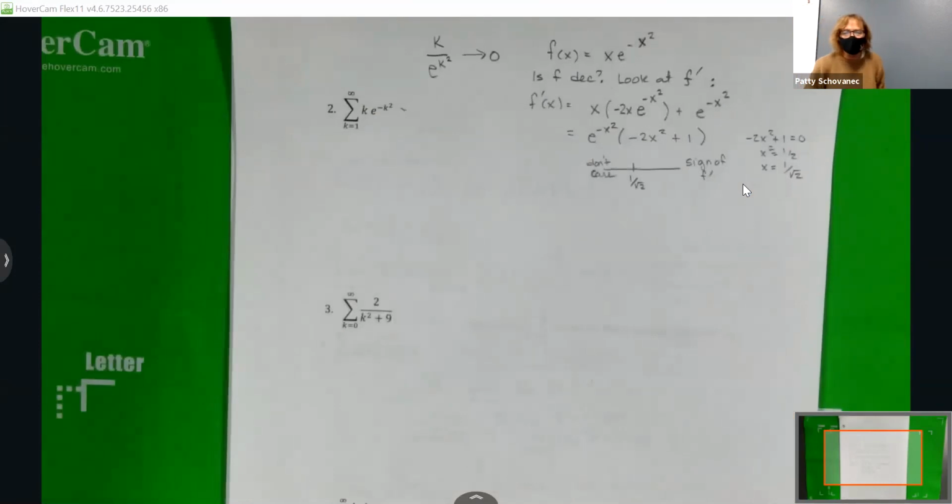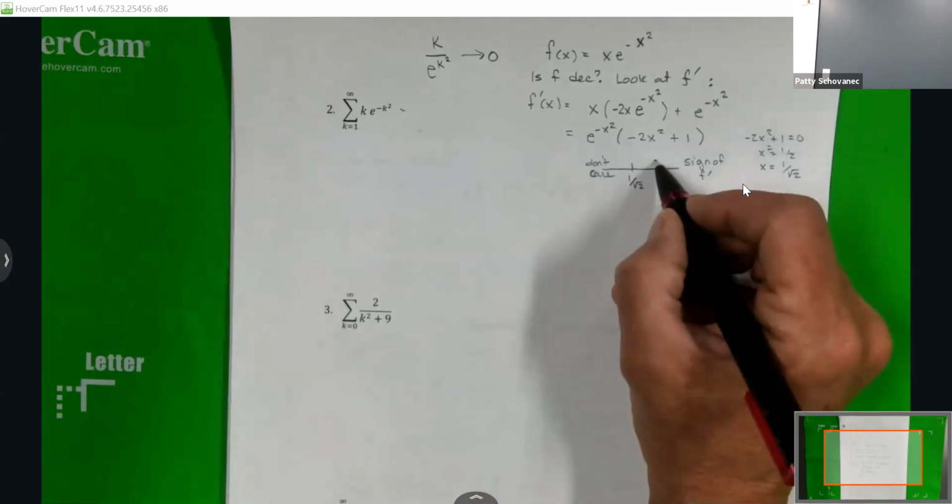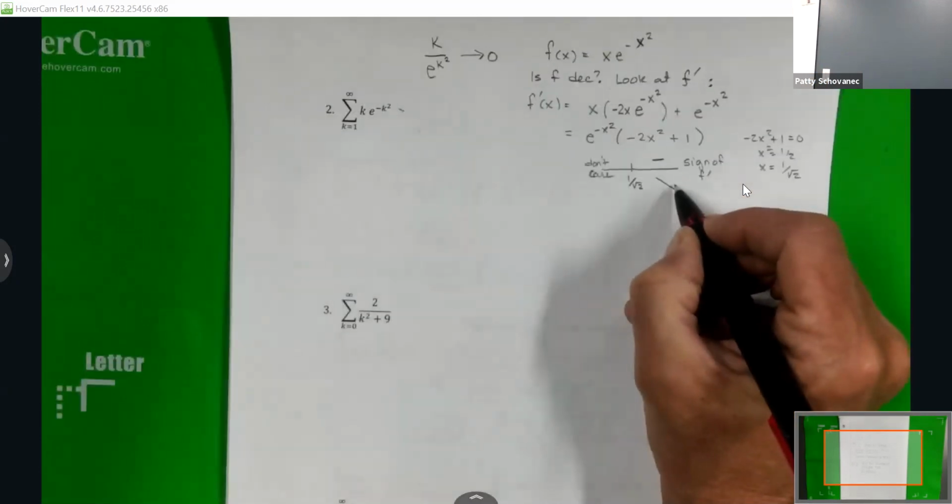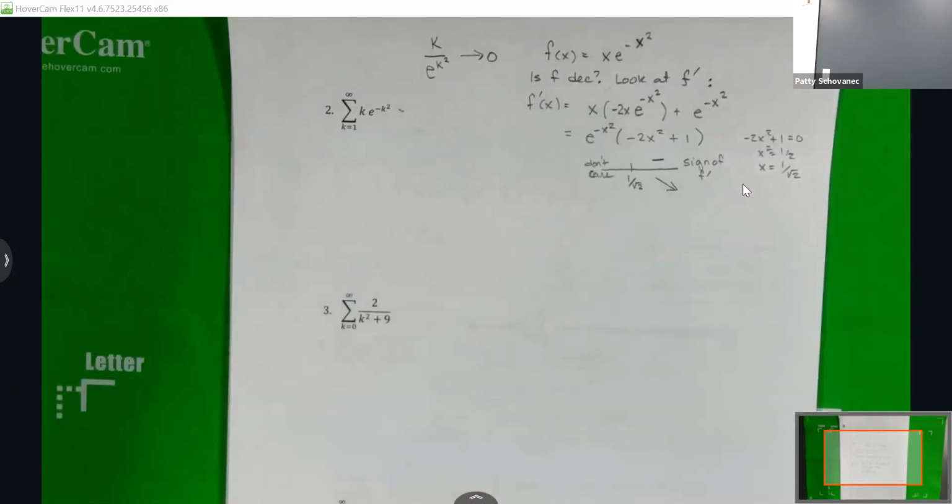So I'm going to plug in a number bigger than 1 over the square root of 2, like for instance 1. And I'll have negative 2 times 1 squared plus 1, which is going to be negative. So that shows that my function is decreasing for all values bigger than 1 over root 2. I have a continuous function that's decreasing. Now all I've got to do is integrate it and see if the improper integral exists.